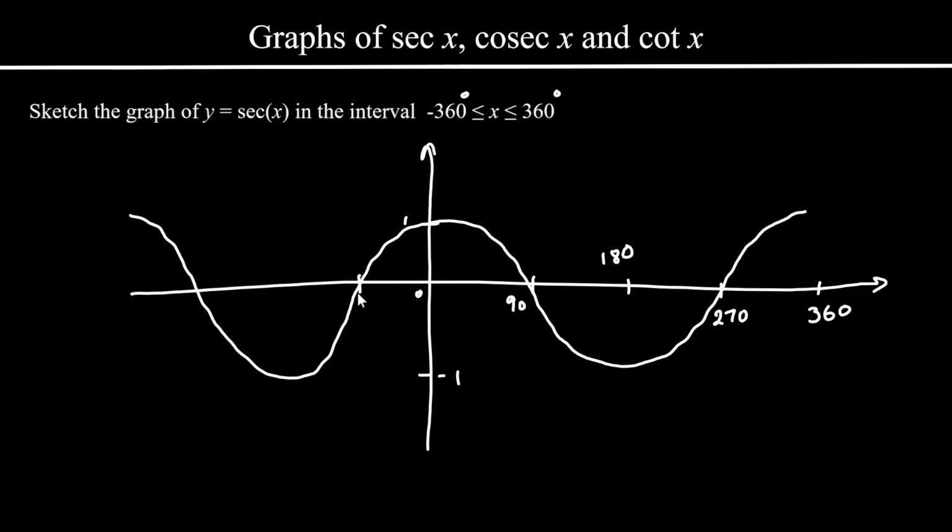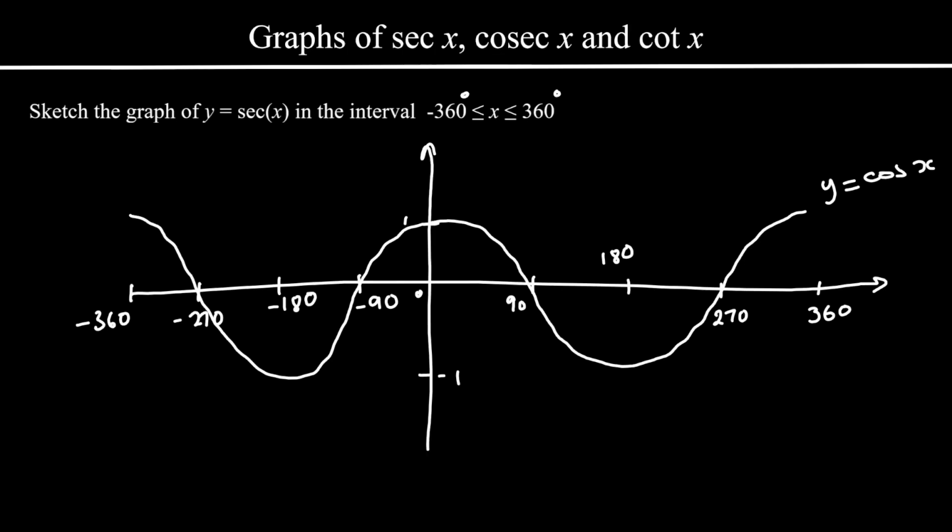Going backwards, it's at 0 at negative 90, negative 1 at negative 180, 0 at negative 270, and back to 1 at negative 360. So that's y equals cos x.